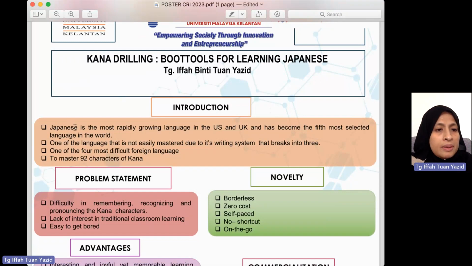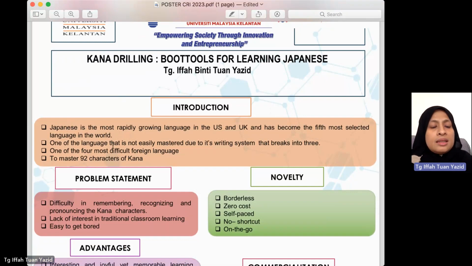Japanese is a popular language besides Chinese and Korean. It is the most rapidly growing language in the US and UK and has become the 5th most selected language in the world. Japanese is not easily mastered due to its writing system, which is broken into 3: hiragana, katakana, and kanji.